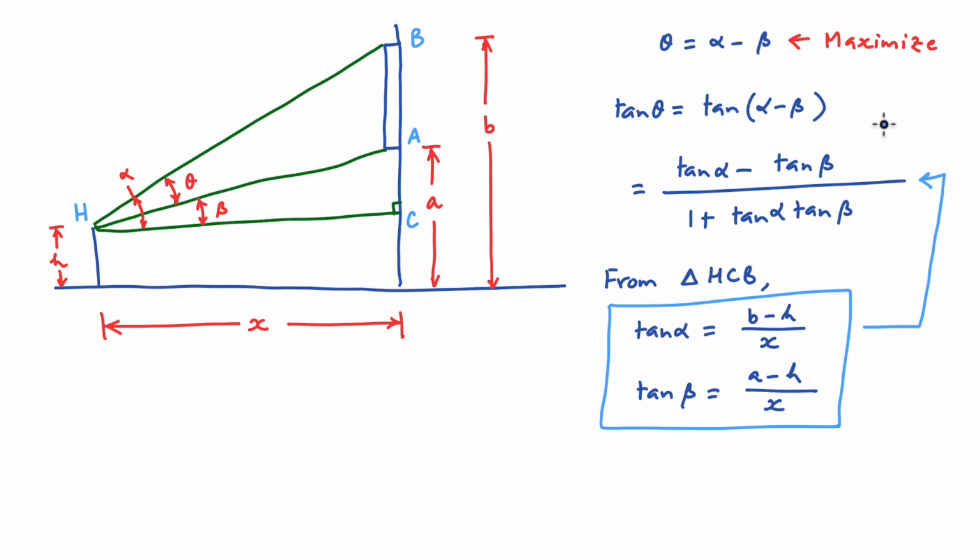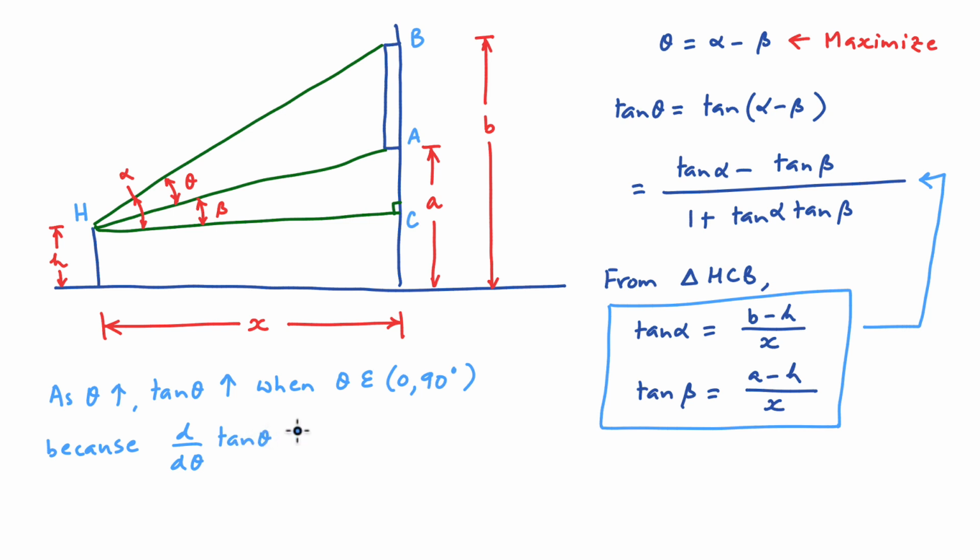Now the other thing to notice is that as theta increases, the value of tan theta also increases, for all values of theta lying between 0 and 90 degrees. And why is that? Because the derivative with respect to theta of tan theta is equal to sec square theta, which is always positive. Or in other words, tan theta is an increasing function.